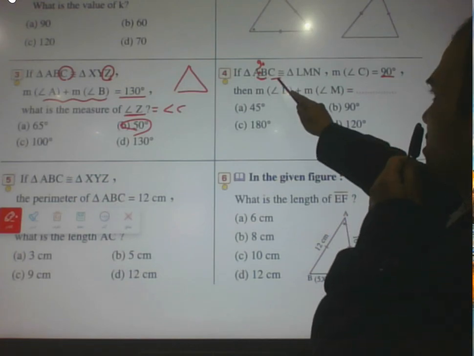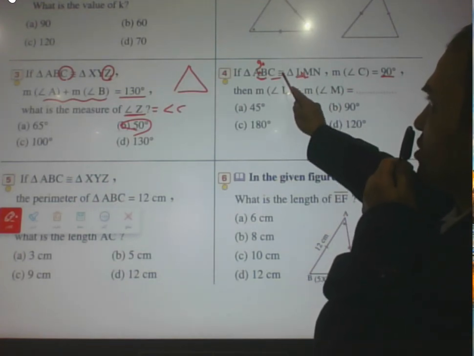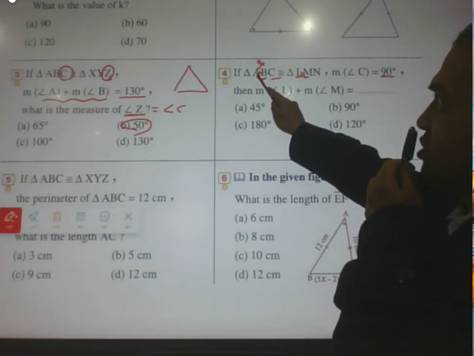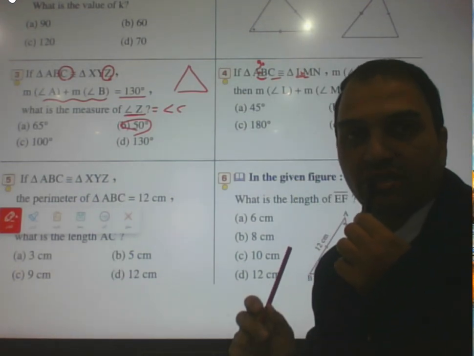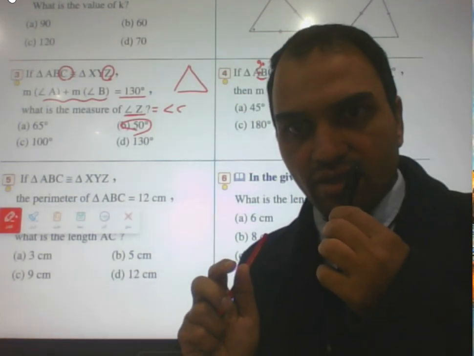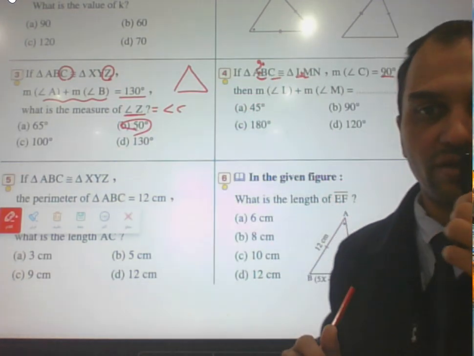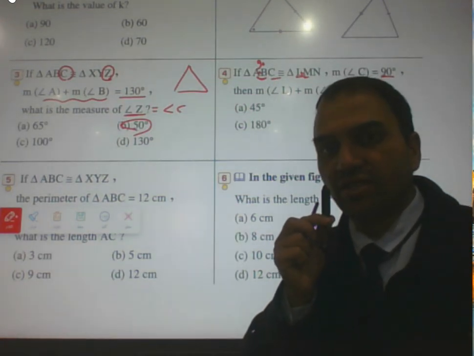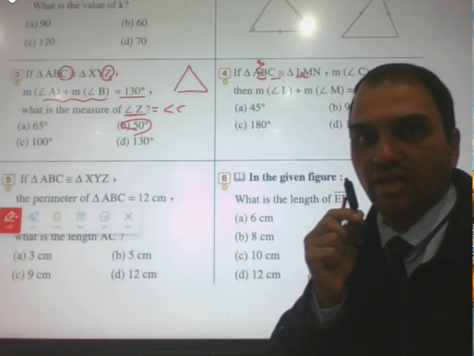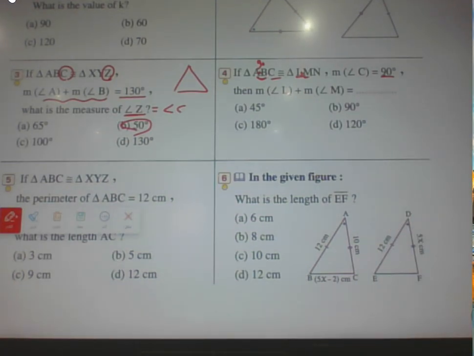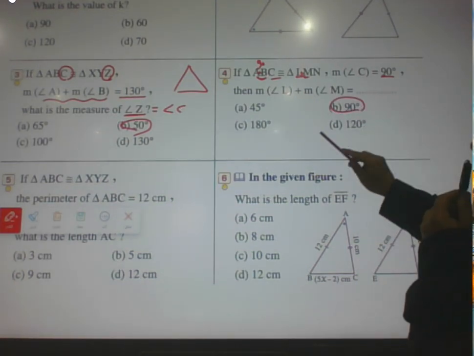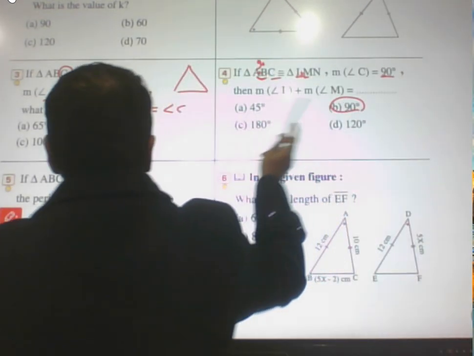And then measure of angle L plus M is equivalent to measure of angle A plus B because measure of angle A equals measure of angle L. In two congruent triangles, the corresponding angles are equal in measure. Then the measure of the missing angle here will be what? L plus M equals 90 degrees because 90 plus 90 equals 180. The sum of the two angles L and M will be 90.